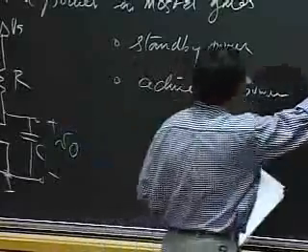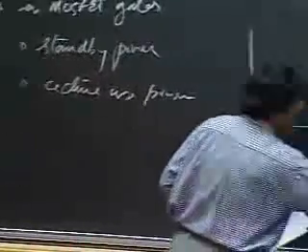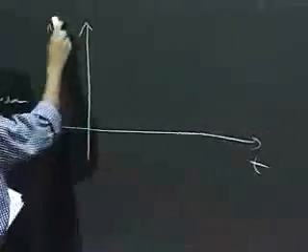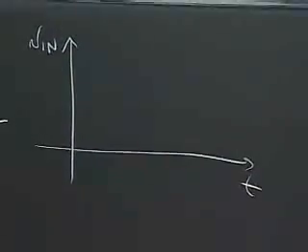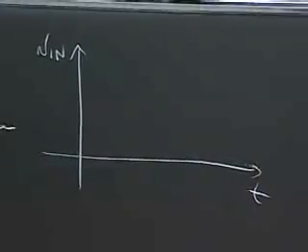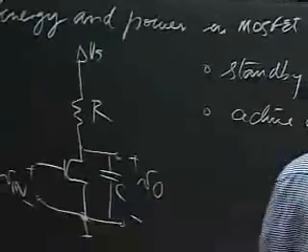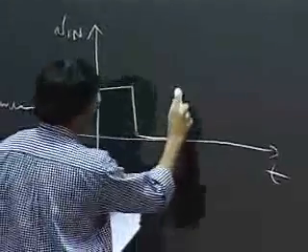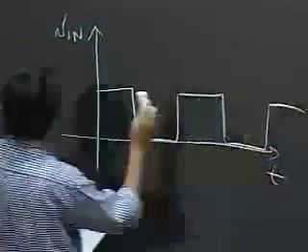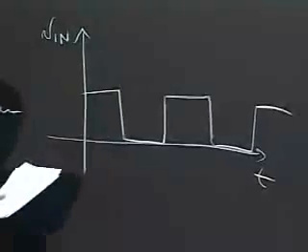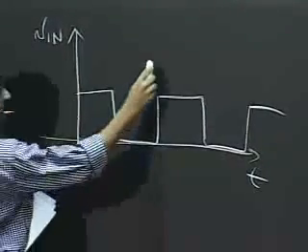So what I'm going to do is assume, for the power discussion, that the inverter is driven by a square wave signal of the following sort. So this is Vin. And I would drive this with a signal of this sort.